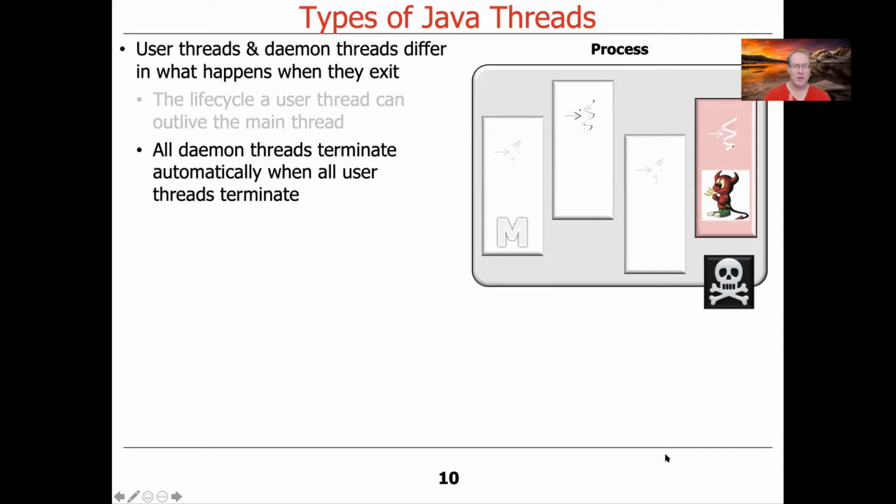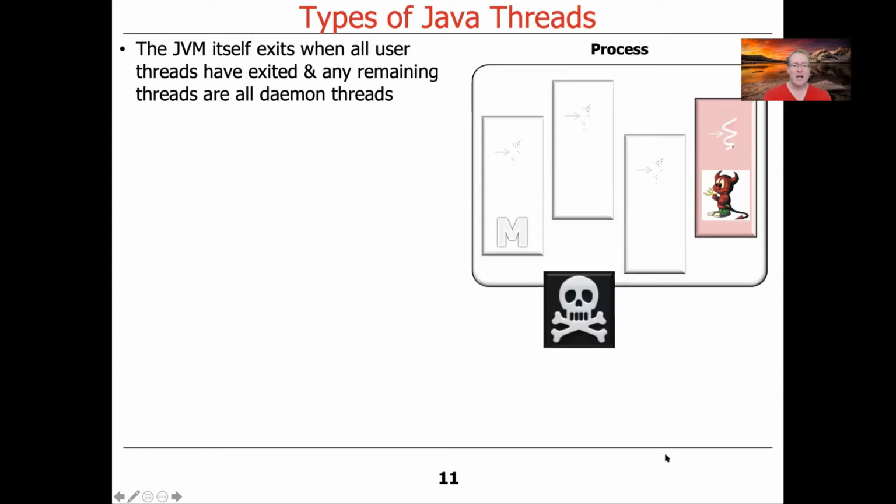The main rule is user threads can outlive main, but daemon threads can't outlive user threads, including main. So when all user threads have exited, and the only threads that are remaining are all daemon threads, then the virtual machine and the Java execution environment will automatically shut everything down and terminate the daemon threads.